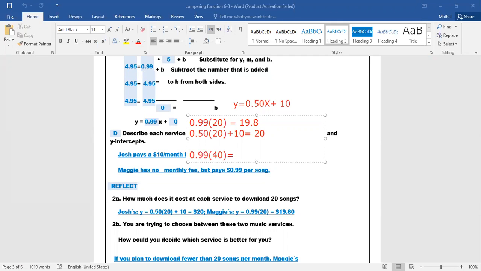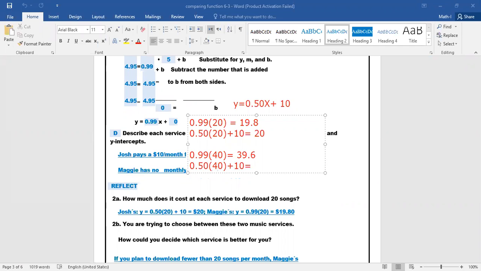So this is the offer for Maggie: 39.6. Yes, 39.6. Let's check with Josh: 0.50 times 40 plus 10. It will be equal how many?